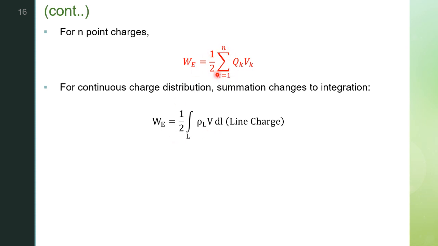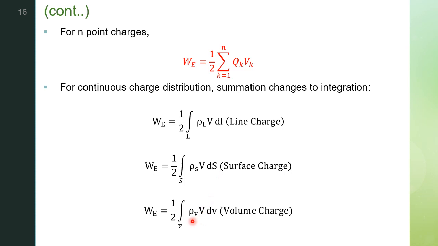So we are having integral over L of rho_L V dl. Instead of line charge, if we are having surface charge, it will be rho_S V dS. And for a volume charge, it is rho_V V dV. So these are the expressions for work if we are considering continuous charge distribution.